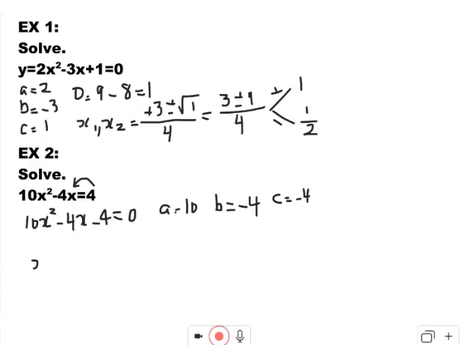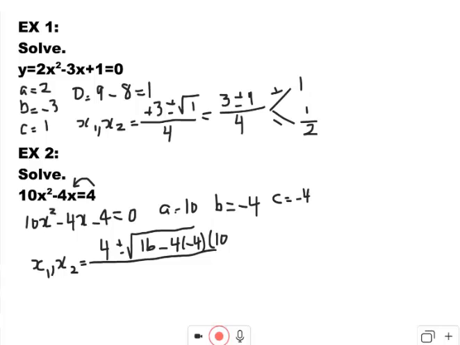So using the quadratic formula, x1, x2 is equal to minus b, which is minus negative 4, which is 4, plus or minus the square root of b squared, negative 4 squared is 16, minus 4ac. So it's going to be 4 times negative 4 times 10, divided by 2a, which is 20.